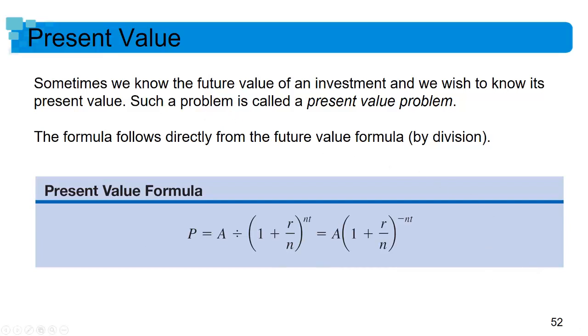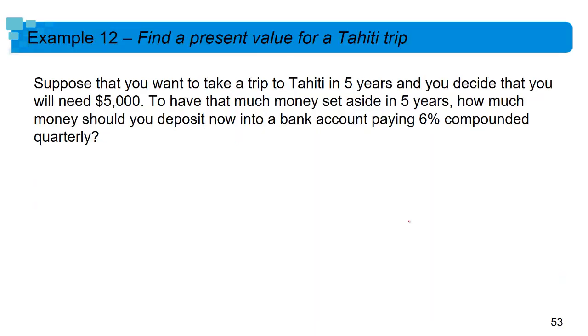If we remind ourselves of what the other formula was, it was A equals P times (1 plus r over n) to the nt. If you wanted to solve for P, you would just divide both sides by that, and that's where you get A divided by that. When you divide by something to a power, it's the same thing as multiplying by that something to its negative power. So that's all that's happening here: we're using some rules of exponents.